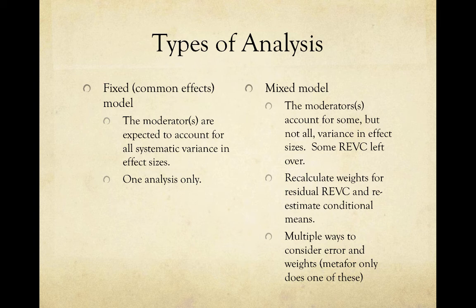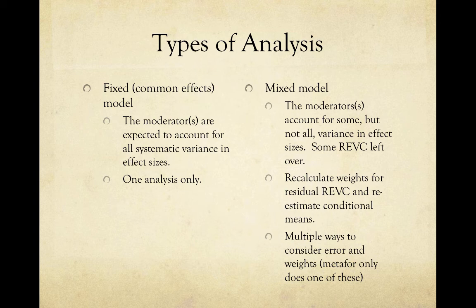In the mixed model, the moderators account for some of the variance, but not all of it. So there's some random effects variance left over. So you can then recalculate the weights using the residual random effects variance, and then you can re-estimate conditional means and so forth.